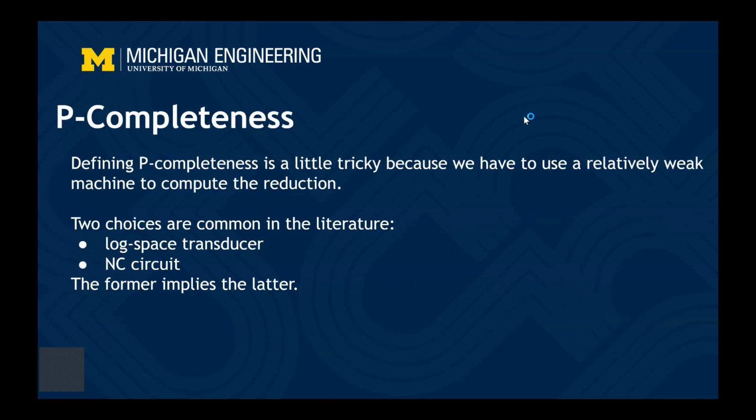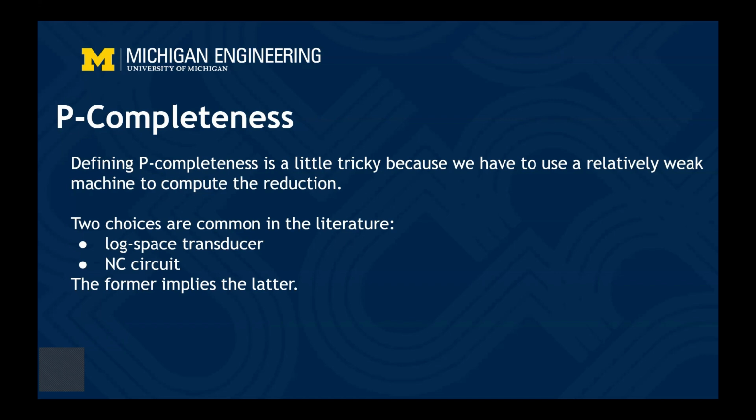And then now on the upper side, we want to talk about what are the limits of NC, like efficient NC circuits. And this is a little tricky because we want to define it in relation to P to talk about the P equals NC problem. And we have to use a relatively weak machine to compute the reduction. And so two choices are common in the literature.